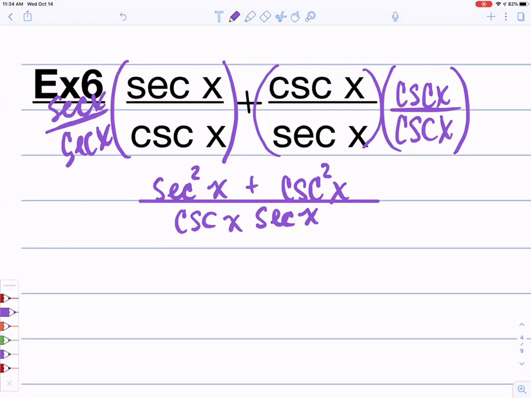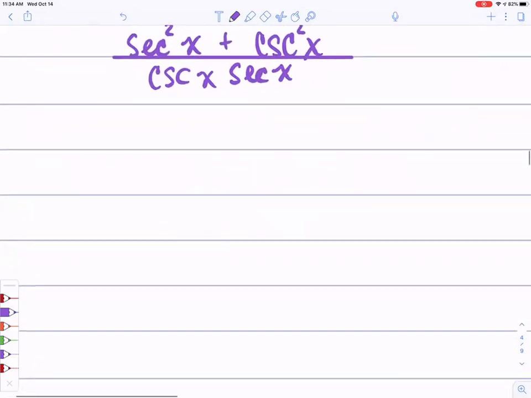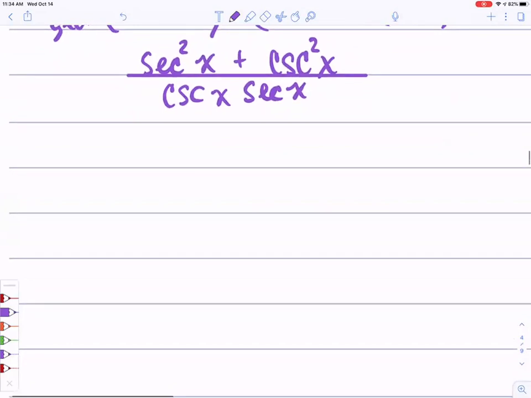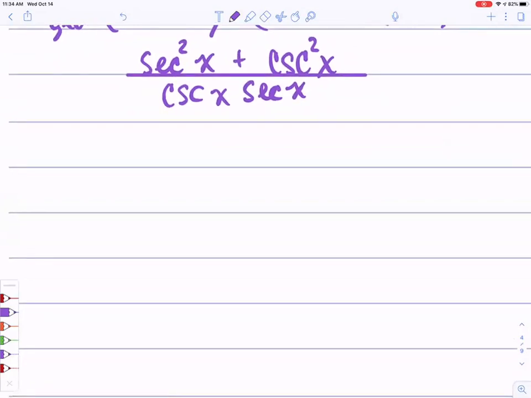All right, so what does the first guy become? One over cosine squared plus the second guy. One over sine squared.